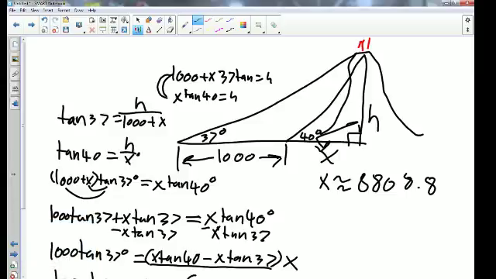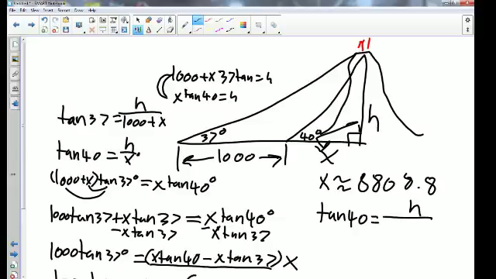Now we know what x is equal to, so we can plug in tangent of 40, because you're not using the hypotenuse. It's opposite over adjacent, and we're solving for h now.